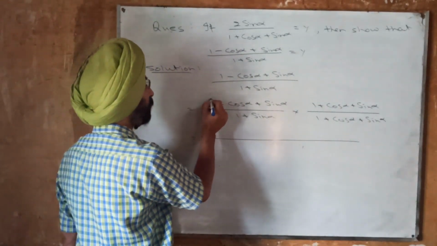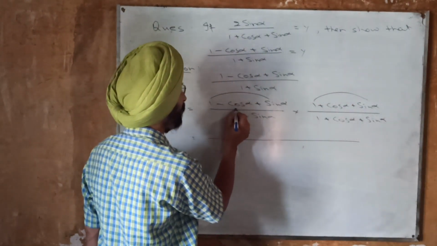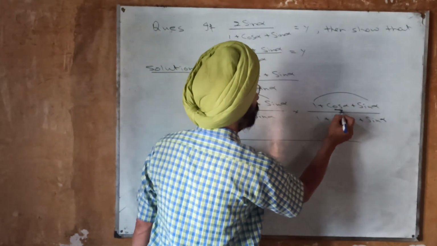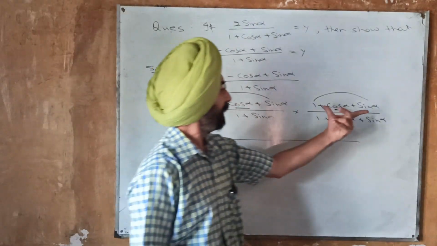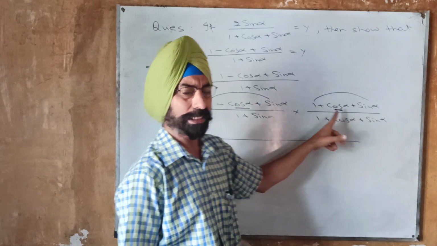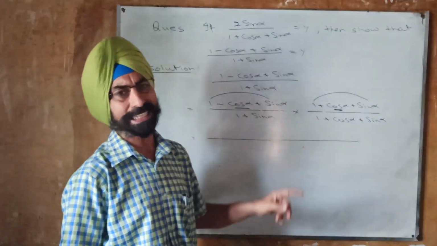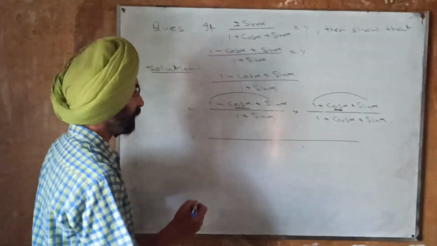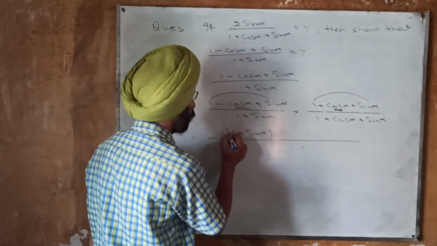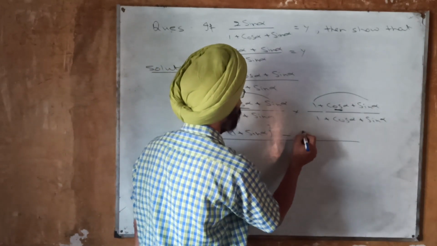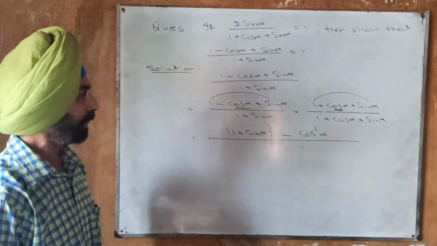I will take this 1 plus sin alpha as a, and this cos alpha as b. So what you are getting here is a minus b, and here it is a plus b. And you know that a minus b into a plus b is a square minus b square. So it is 1 plus sin alpha square, that means a square, minus cos square alpha, that means b square.